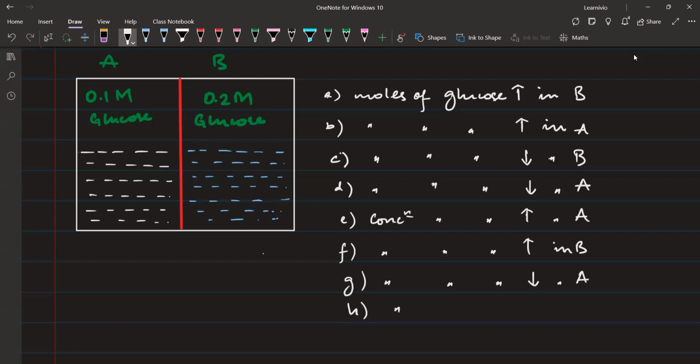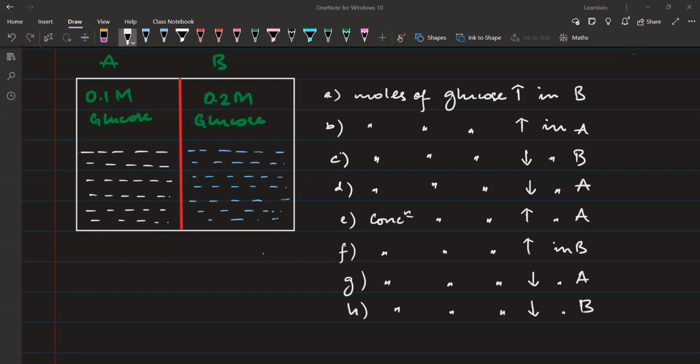H is concentration of glucose decreases in B. Multiple answers can be correct. You have to tell me which one of these are correct. Correct options A, B, C, D, whatever you want to write, do it in the chat box.